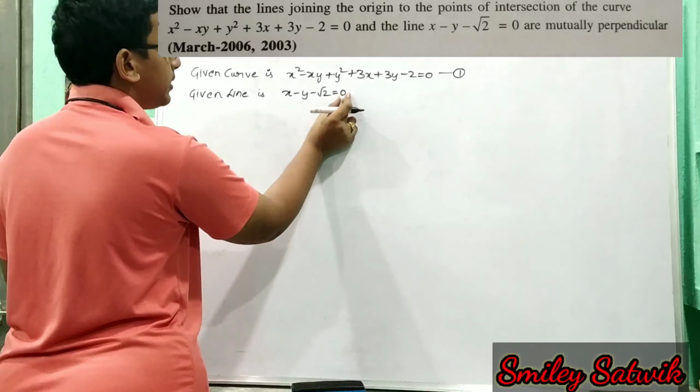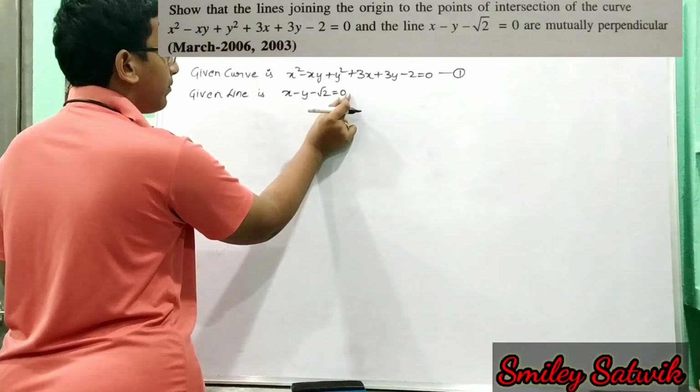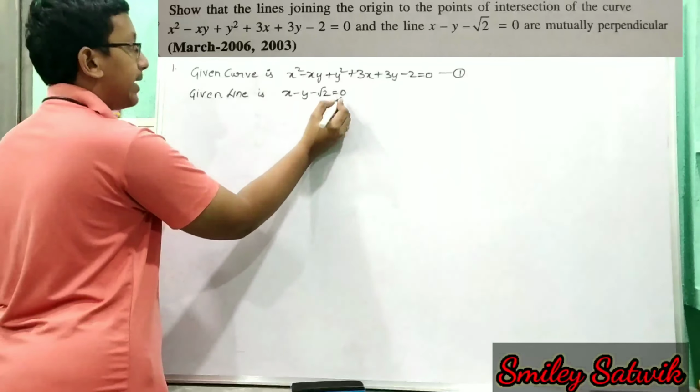Next, write the given line. The given line is x minus y minus root 2 equal to 0. Before naming it as equation number 2, you should make the right hand side 1.